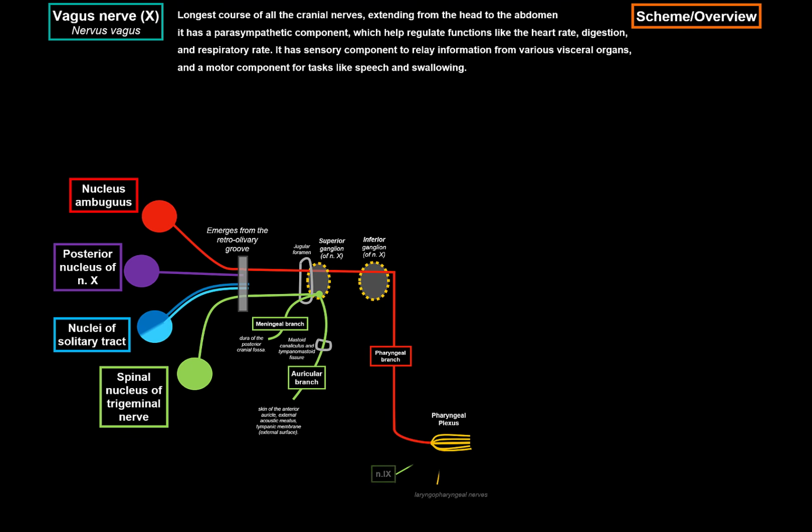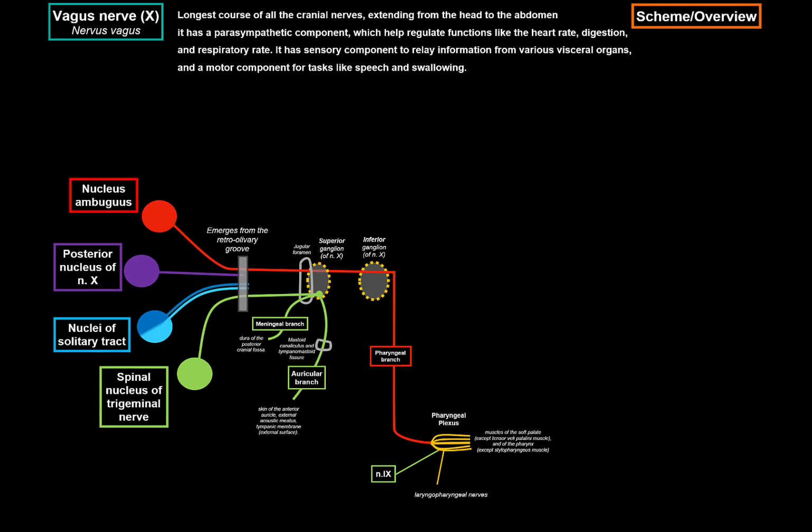Then it's going to take a turn towards the pharynx to contribute to the pharyngeal plexus, together with the glossopharyngeal and the laryngopharyngeal nerves. So the vagus nerve here represents the motor component of the pharyngeal plexus and ultimately provides motor innervation to most of the muscles of the soft palate, all but the tensor veli palatini muscle, and the pharynx, all but the stylopharyngeus muscle.